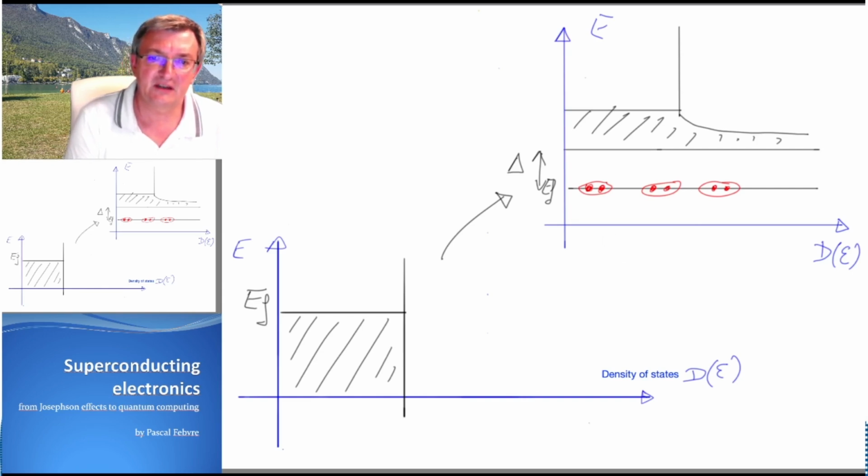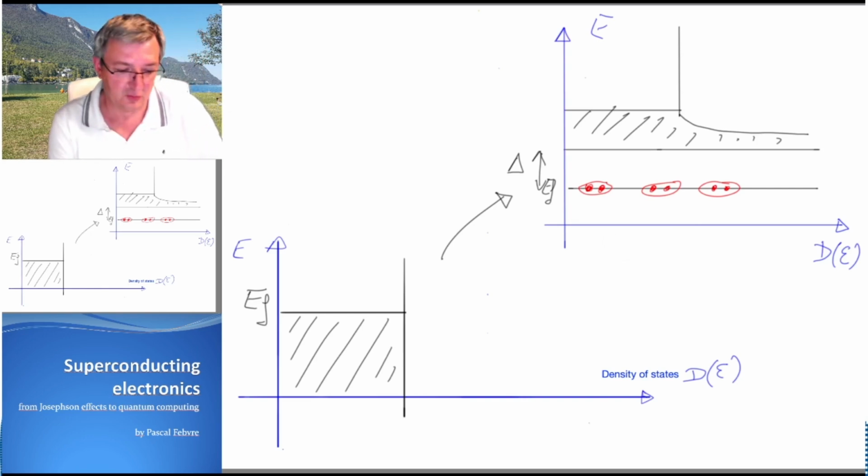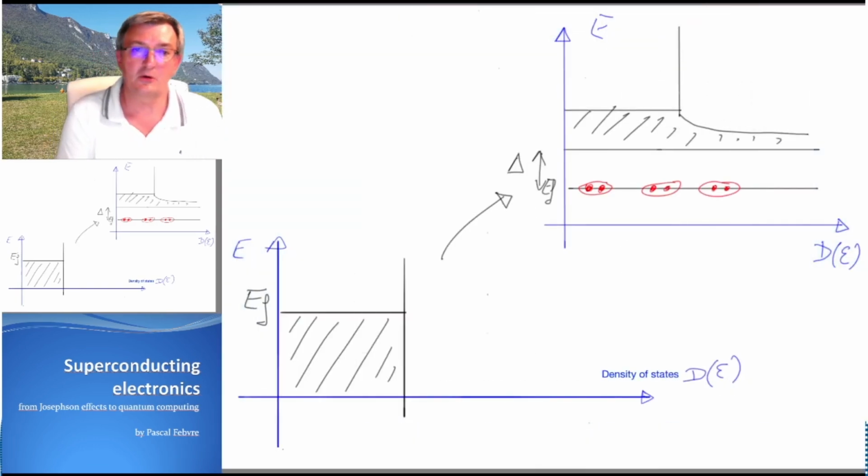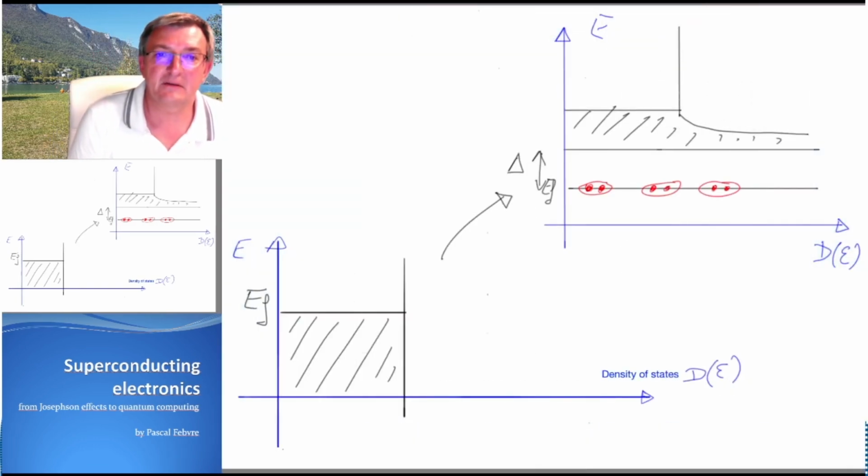What you observe here is that the density of states goes to infinity, which is also what you could see on this equation, right? When the energy is equal to delta, you go to infinity. It doesn't mean that the number of electrons is infinite.